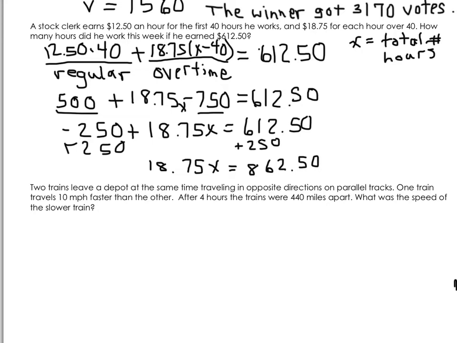We need to get rid of that 18.75x. So let's divide both sides by 18.75. And that will give us x equals 862.5 divided by 18.75.